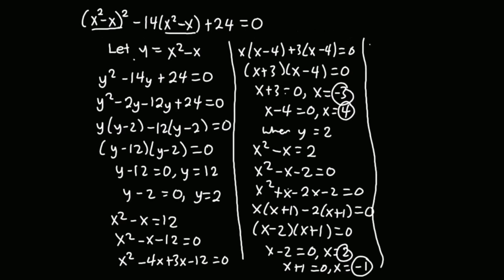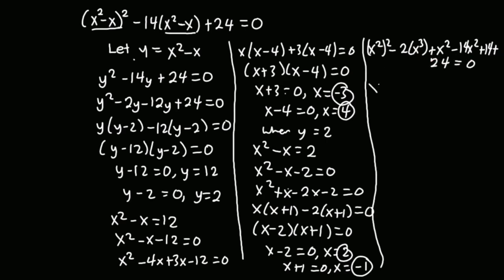So in expanding the brackets, we have x squared all squared, then minus 2x cubed, then plus x squared, then negative 14x squared plus 14x plus 24 is equal to 0.